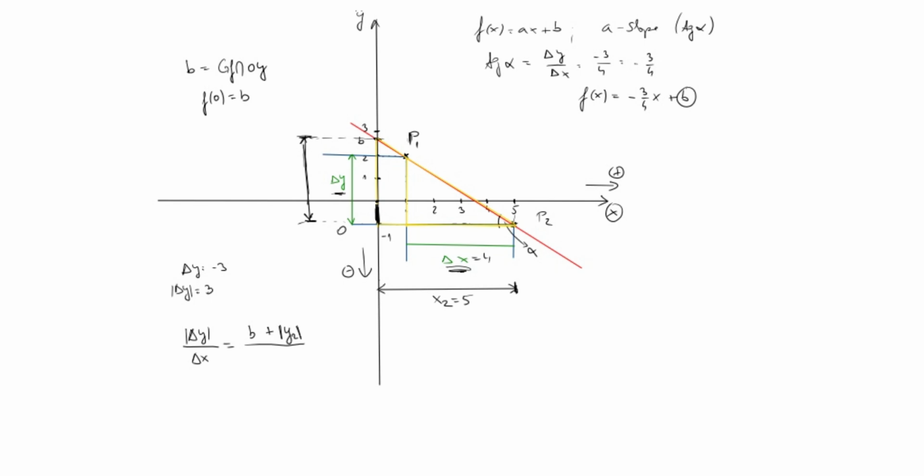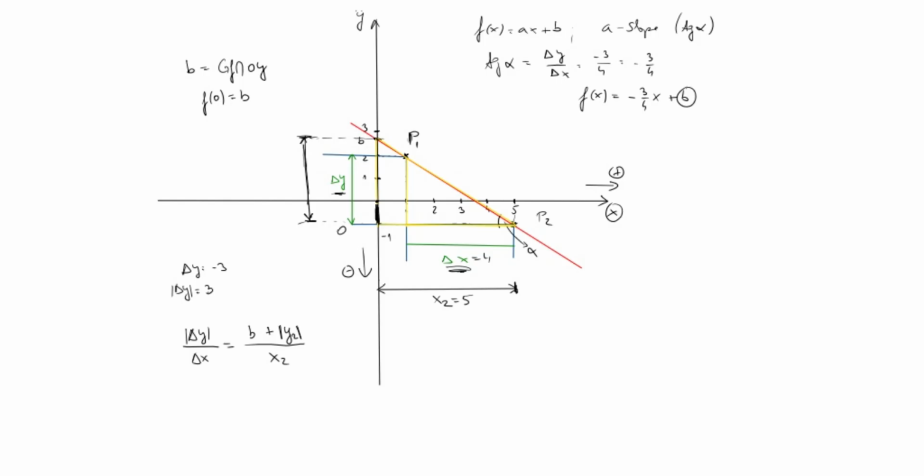Here I use absolute value because y2 is actually negative, it's minus 1. Okay, and this will be divided by x2. So now we have a relationship between these two triangles.